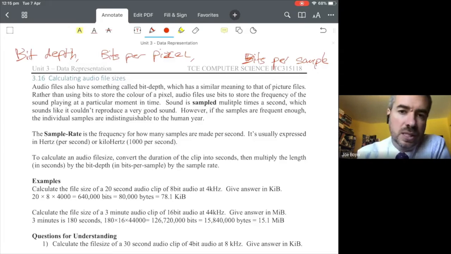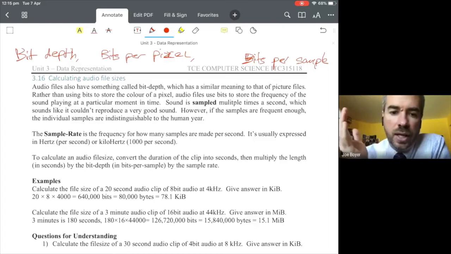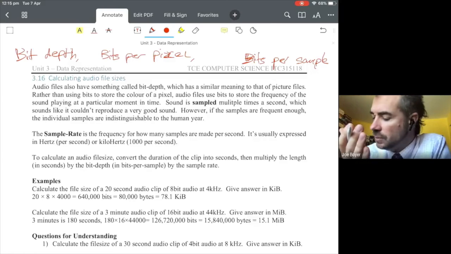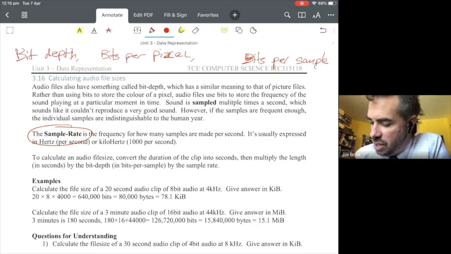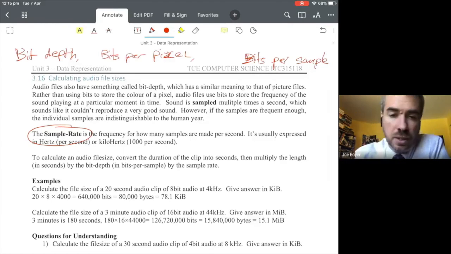So the more often that we take a sample, the more often we say, okay, at the moment this is the frequency that I'm hearing, then the more accurate it will be. So usually we have a sample rate, which is down here, in hertz, which is how many samples per second, or kilohertz.